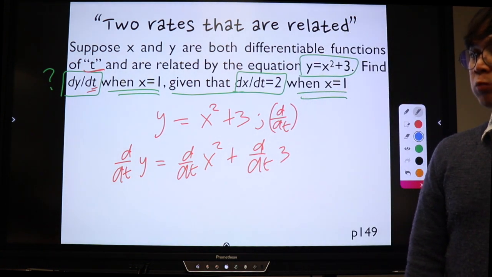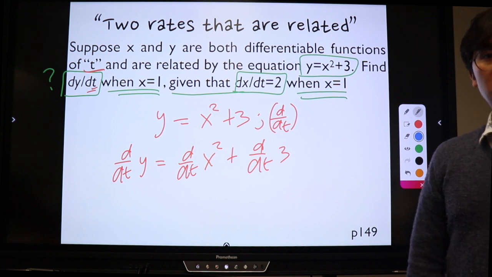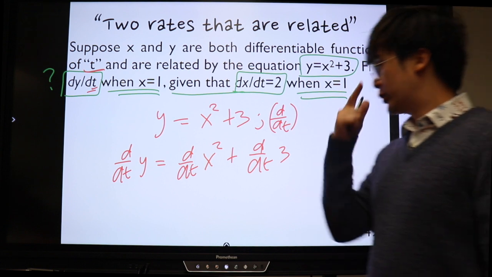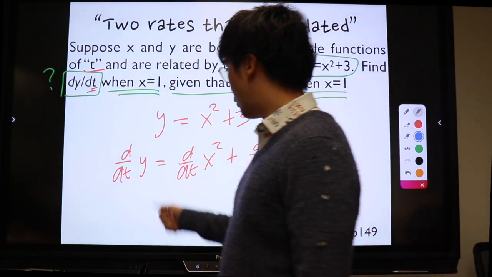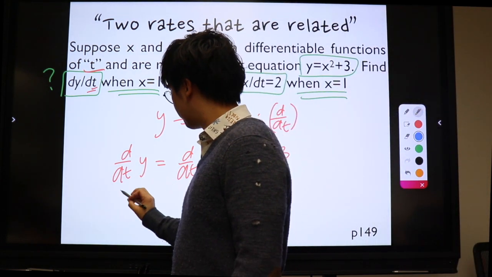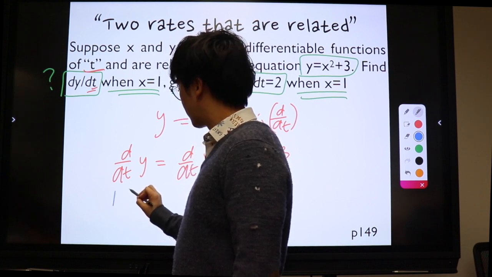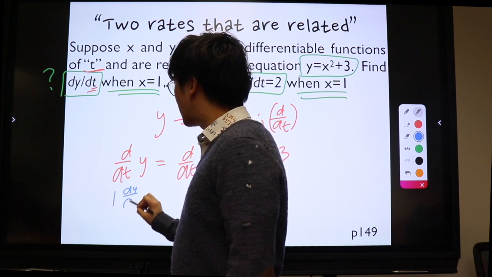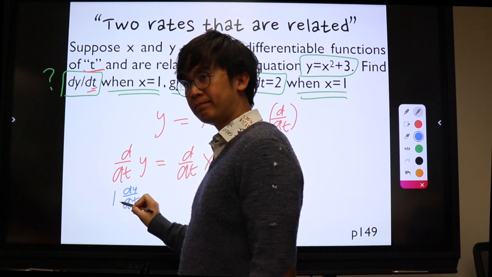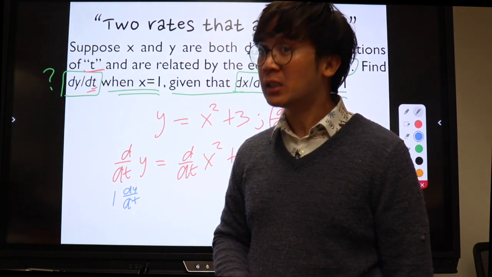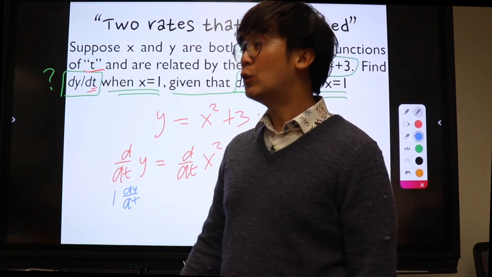And now our problem is a little bit more manageable, because now we have an equation to work on. So for the first function, what is the derivative of y with respect to t? 1. That's it. dy dt. If I forgot my dy dt, will it matter? Yes. That's why you cannot forget the dy dt because it's part of the solution of your work.